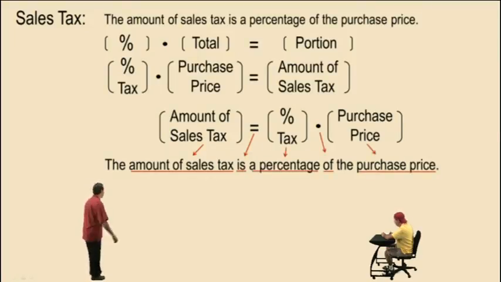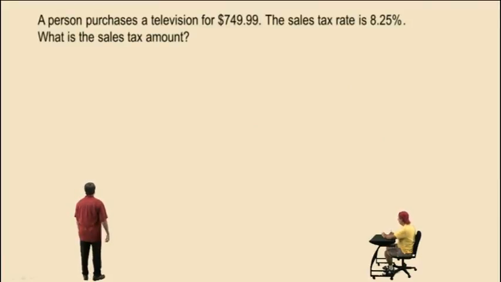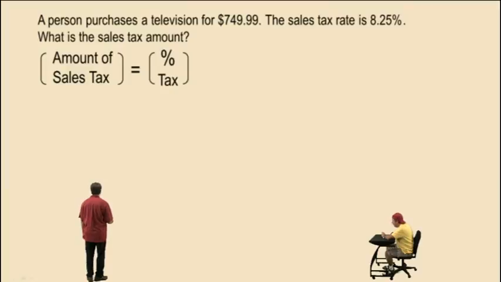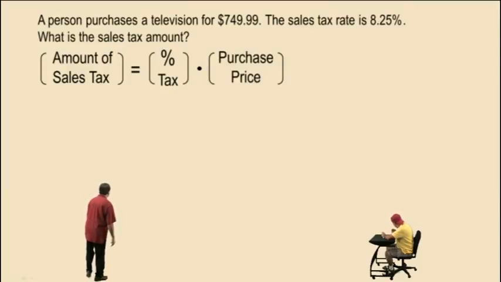Now let's put it to work. A person purchases a television for $749.99. The sales tax rate is 8.25%. What is the sales tax amount? Well, to calculate the amount of sales tax, you simply multiply the percent sales tax times the purchase price. Since we're trying to calculate the amount of sales tax, we will represent that quantity by the variable x.